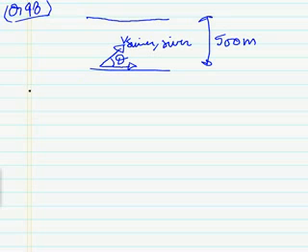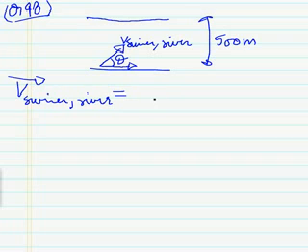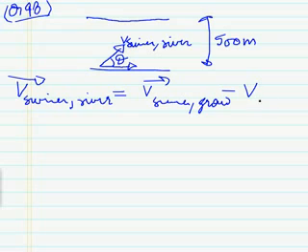Now we can resolve these two velocities, that is velocity of swimmer with respect to river equals, in vector notation, velocity of swimmer with respect to ground in vector notation minus velocity of river.